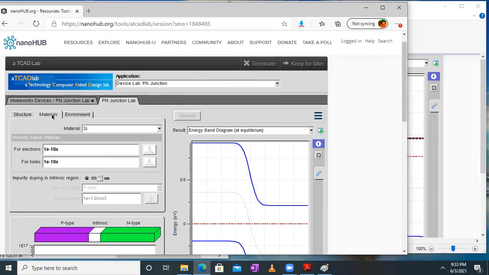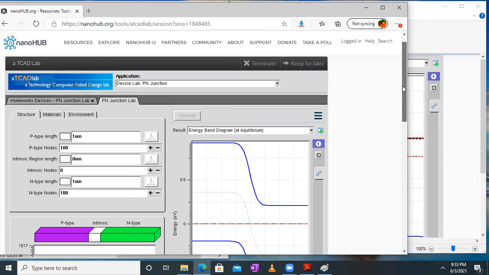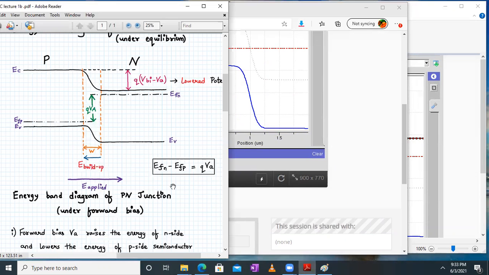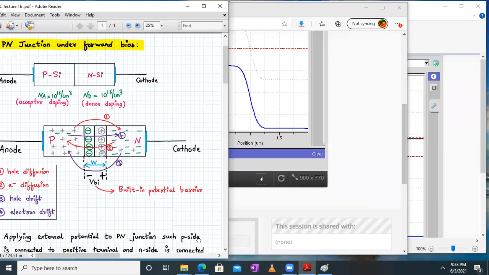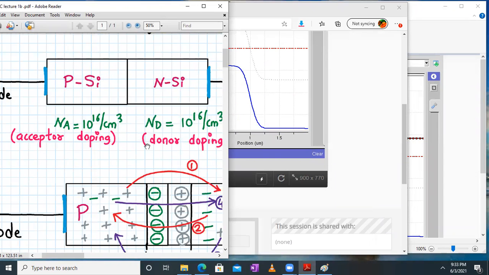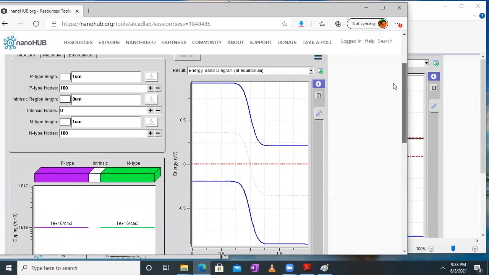The material is silicon, and we are operating at room temperature, 27 degrees Celsius, which means 300 Kelvin. And we have used doping levels of 10 raised to 16 and 10 raised to 16, just as shown in the equilibrium condition. So let's observe the energy band diagram under forward bias.